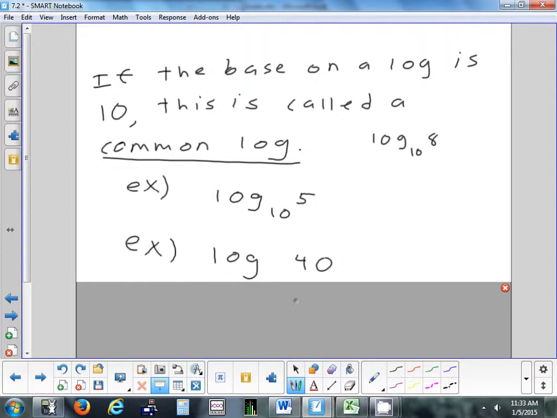Okay? It's kind of like if you write x. There's a number in front of x. There's a coefficient here. It's invisible, but it's there. You can put it in if you want, or you can leave it off. It doesn't matter. Same thing with this. Same idea. You can put the base in if you want, or if you don't put it in, we assume the base is a 10.